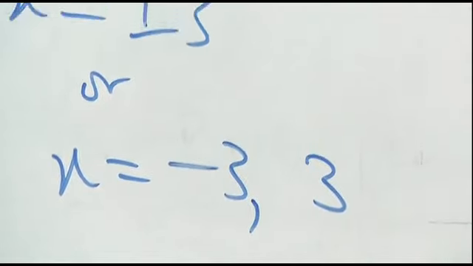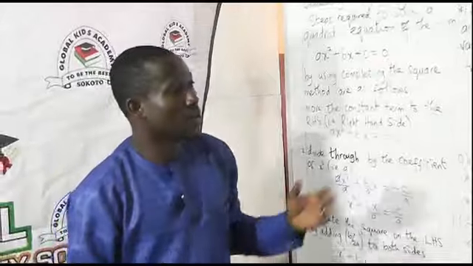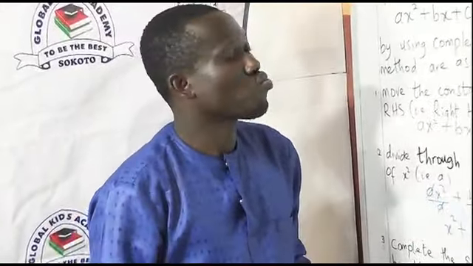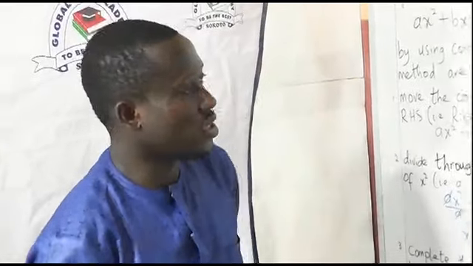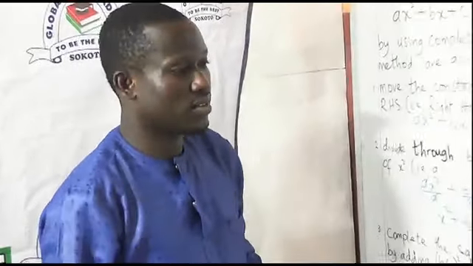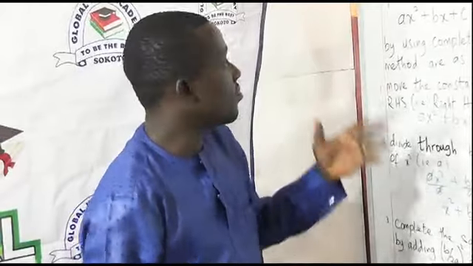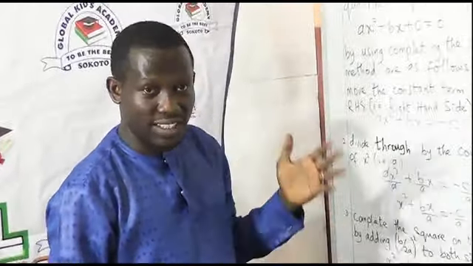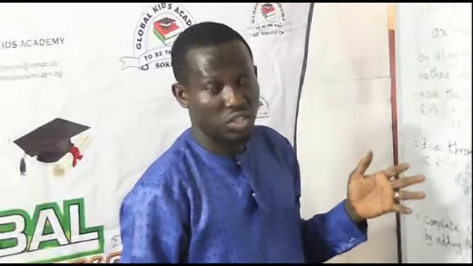So this is the end of this lesson. But before we go, let's look at what we've discussed today. The method we are considering today is completing the square method. And by the name, it means that you are to add a term to the expression on the left-hand side of a given equation.